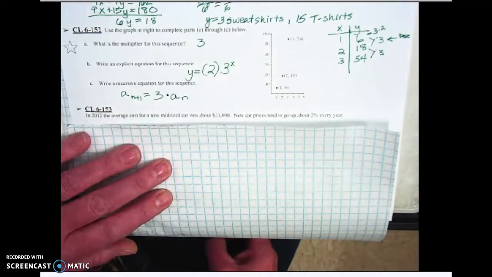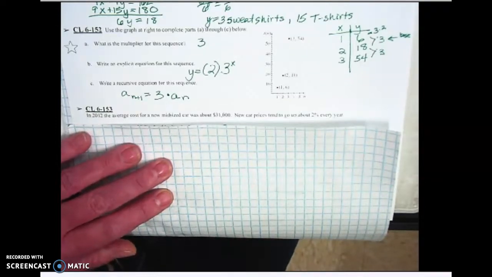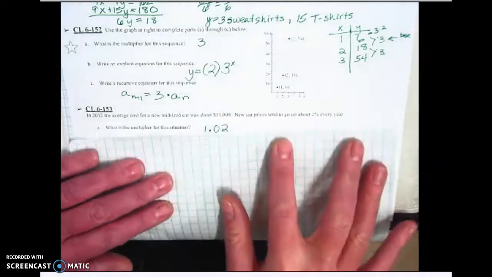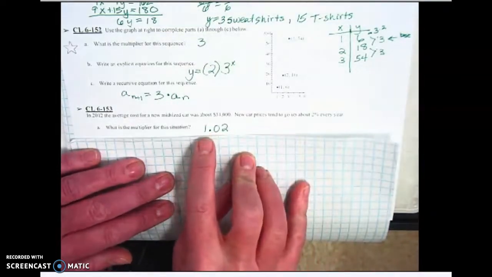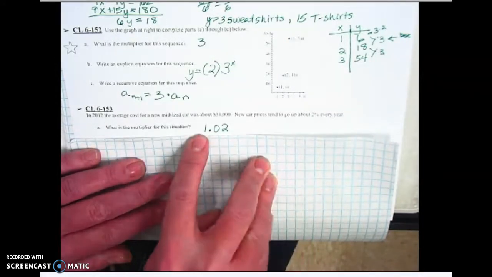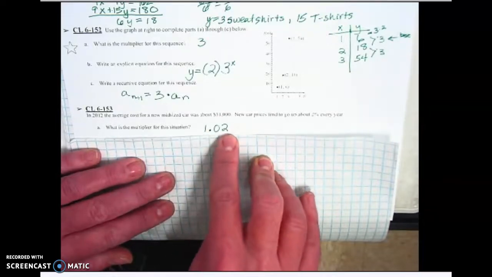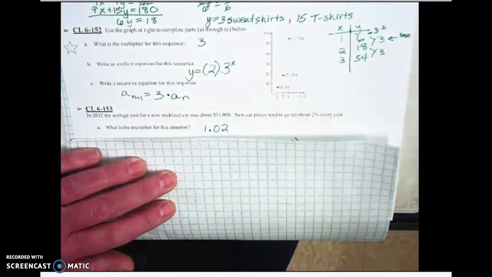You would multiply 31,000 times what number? If you only multiply it by 0.02, you're only going to get the increase amount. Does that make sense? You want to also include the 31,000. So you actually have to multiply it by 1.02. The 1 is going to get you back the 31,000, and the 0.02 is going to get you how much it increases by. Okay?